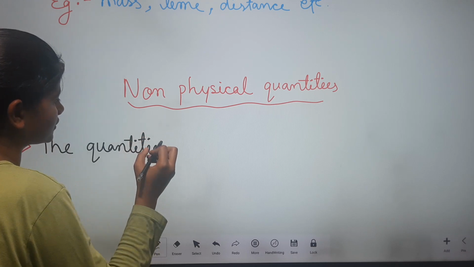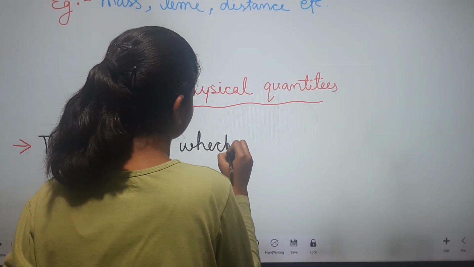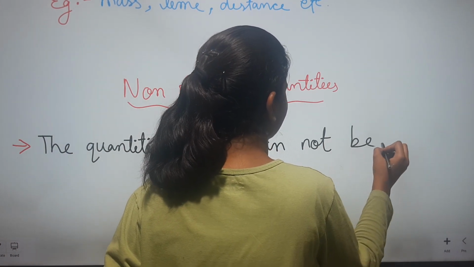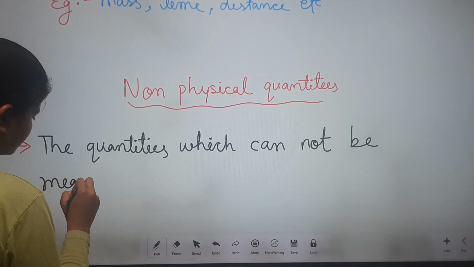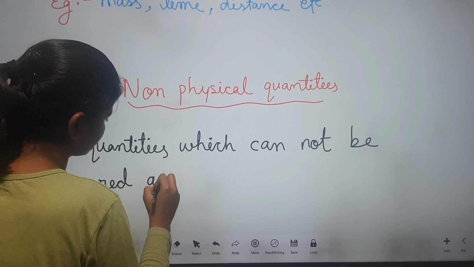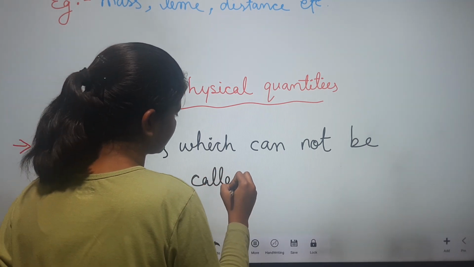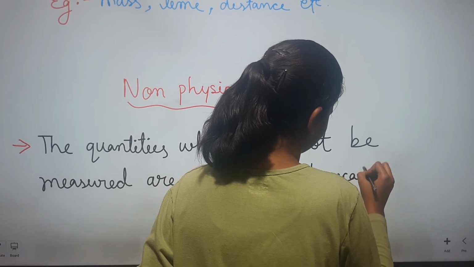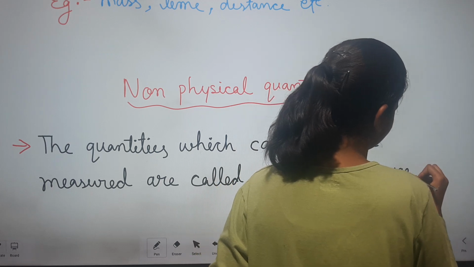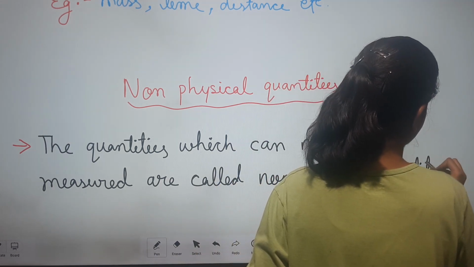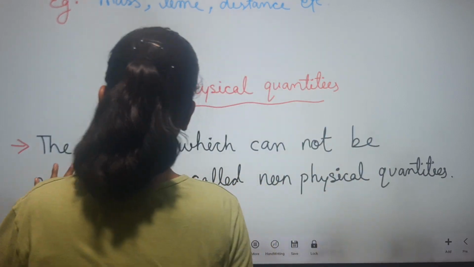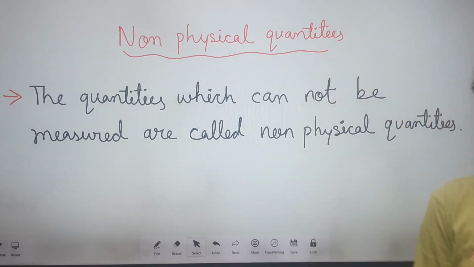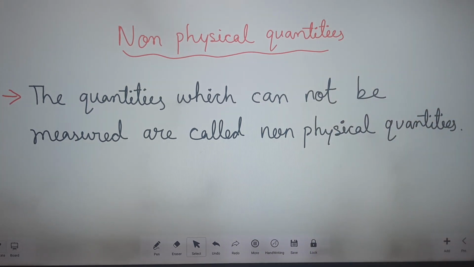The quantities which cannot be measured are called non-physical quantities. So here, what are non-physical quantities? The quantities which cannot be measured. The quantities which cannot be measured are called non-physical quantities.